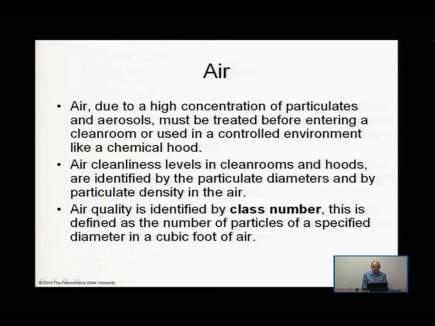Usually per cubic foot is used. And usually air quality is identified by something called class number. This particular way of monitoring air quality is defined as the number of particles of a specified diameter in a cubic foot of air. So class number is defined as the number of particles of a specific diameter in a cubic foot of air.